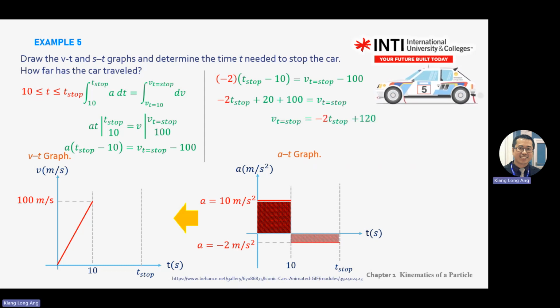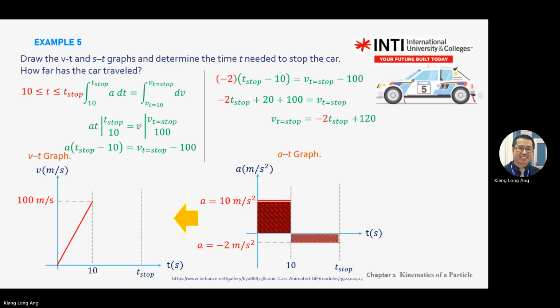You arrive at v equals minus 2t plus 120. Again, this one is in what? y equals mx plus c. Your y is v, x is t. So you're actually dealing, not with this problem, you're dealing with y for the time from 10 to t stop.